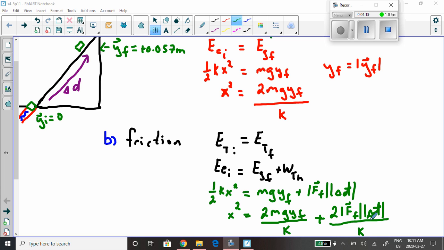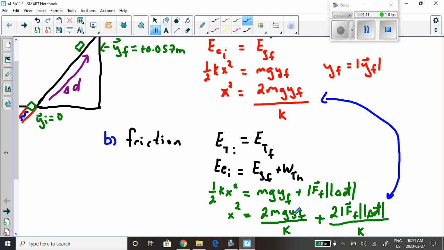So now let's take a look at this. Let's compare this expression without friction to this expression with friction. The first term here is exactly the same as the original term there without friction. So if you want to find out how much you have to compress the spring by, with no friction, it's just this term.